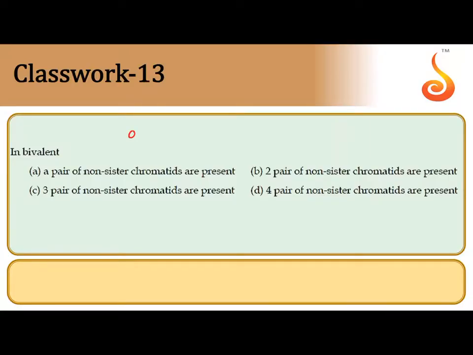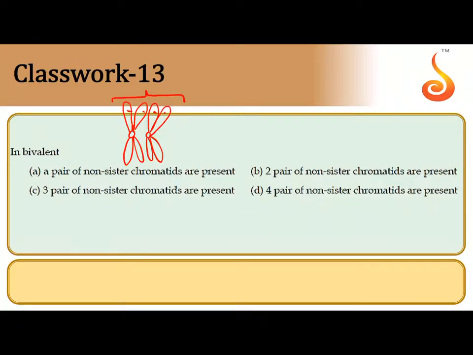A bivalent means, if you remember, one pair of chromosomes with two chromatids each, which form a pair. This is called a tetrad or a bivalent, isn't it? So in a bivalent, how many pairs of non-sister chromatids do we have? One pair means two non-sister chromatids.